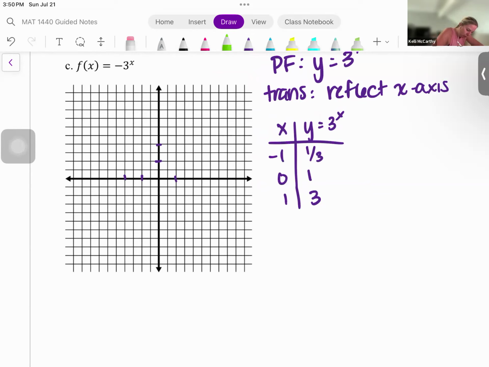So (-1, 1/3) is about here. (0, 1), (1, 3) is right here. This graph in green is that parent function y equals 3 to the x, and our transformation just flips it about the x-axis, so it reflects over the x-axis.